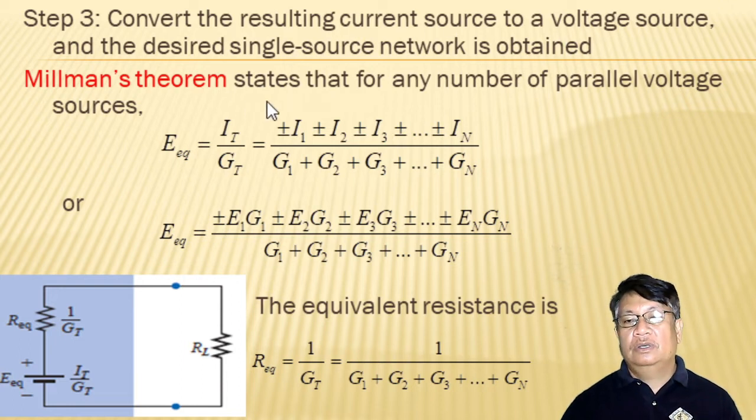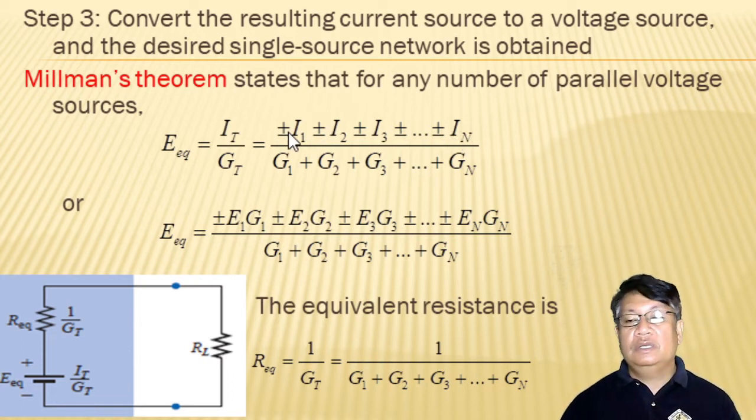So this Millman's theorem states that for any number of parallel voltage sources, this is your equation, using Ohm's law or the equivalent conductance. The equivalent voltage source is equal to the total current divided by the total conductance, or simply plus minus I sub 1 plus minus I sub 2 plus minus I sub 3, up to plus minus I sub n.